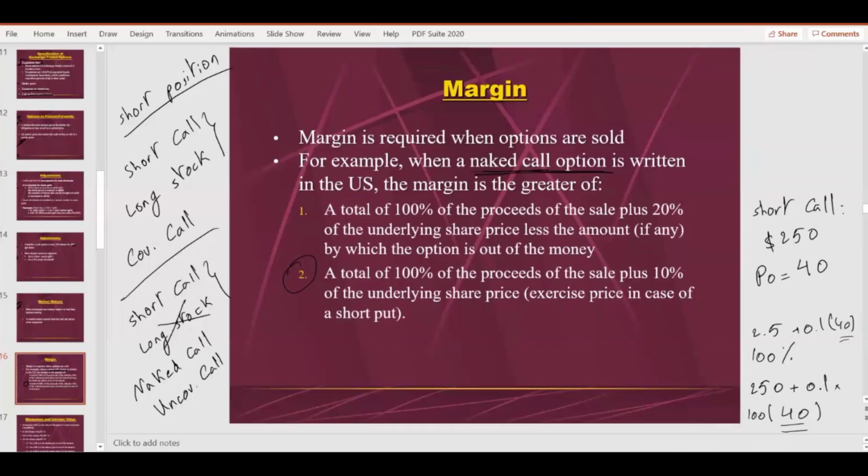For one, it's going to be 100% of the proceeds plus 20% of the underlying share price less the amount by which the option is out of the money. We will see more about how to compute such values, how to determine whether an option is out of the money and by how much.